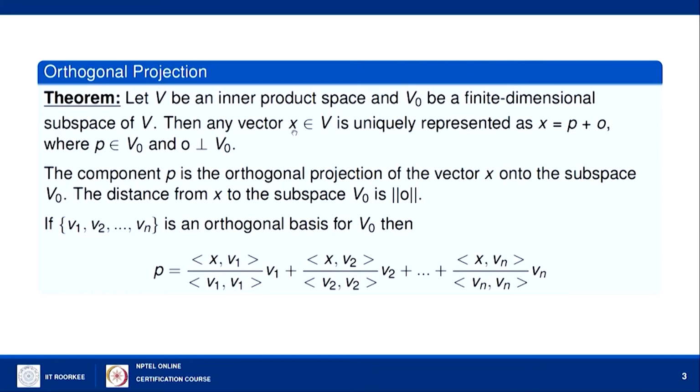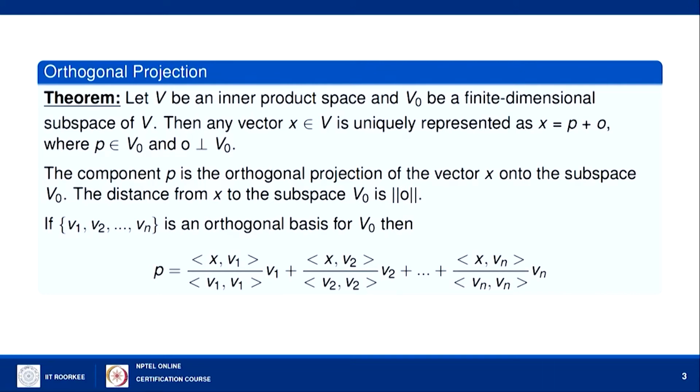Then any vector x belonging to V is uniquely represented as x equals p plus o, where p is a vector in V0 and o is a vector perpendicular to V0, that is, in V0 complement. The component p is the orthogonal projection of vector x onto the subspace V0. The distance from x to the subspace V0 is given by the length of this vector o, because it is a perpendicular distance.